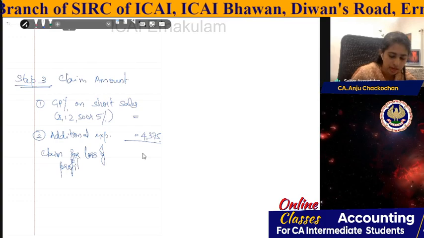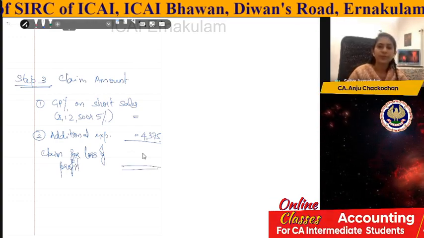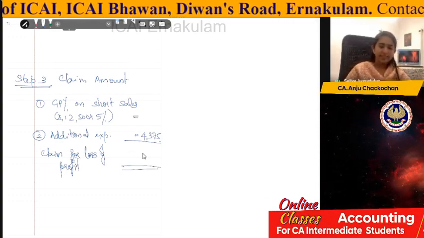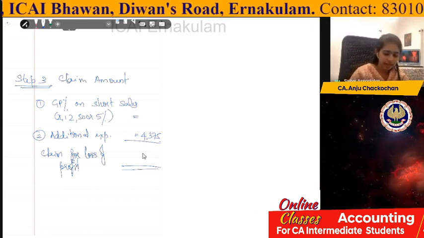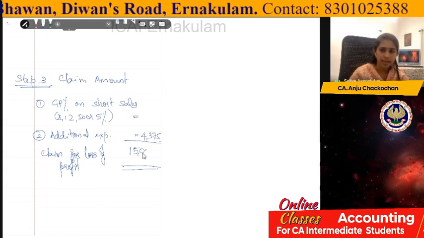Come up with the answer. Shoot the answers, everyone. 15,000. Anu, Shruti, yes, good.